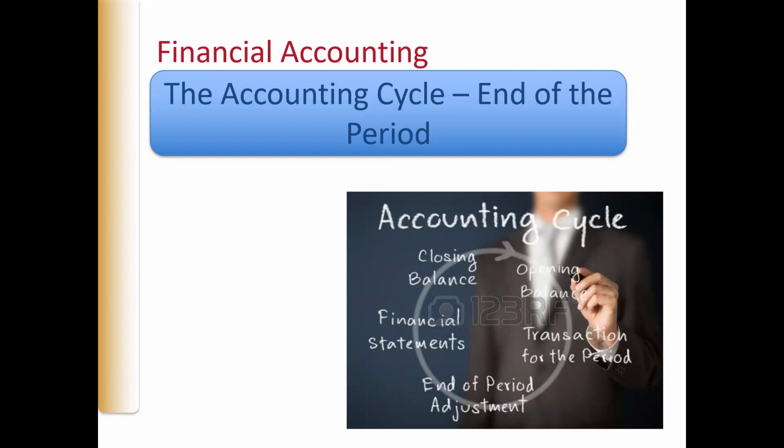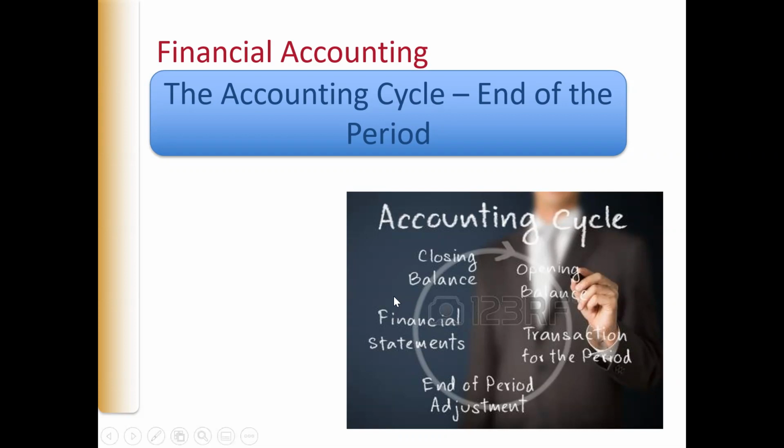So liability usually has the word what after it? Payable. And as far as revenues, they're always going to have the word revenue after it, except deferred revenue. Okay.